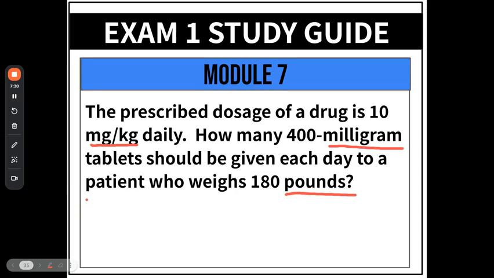So we can take 180 pounds, and your conversion chart is going to tell you that 1 pound, I'll write it up here for you guys, 1 pound is equal to 0.45 kilograms. Okay, so pounds are going to go on the bottom.